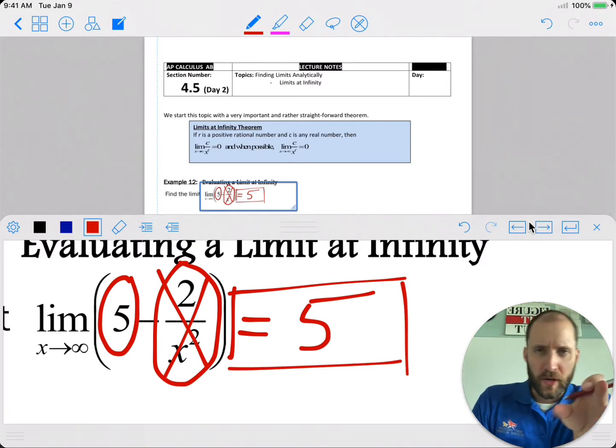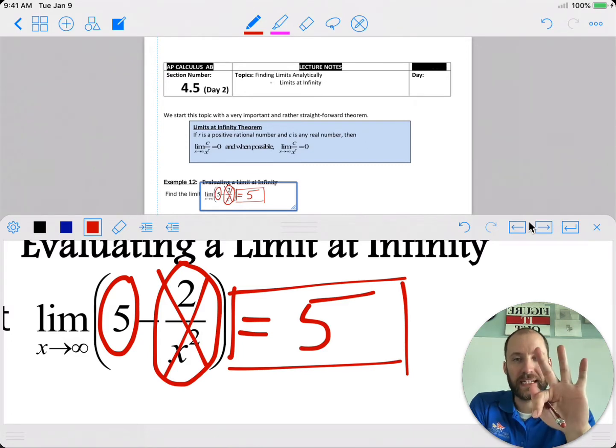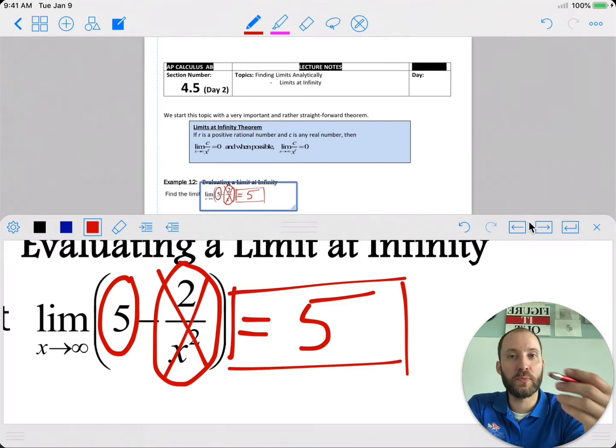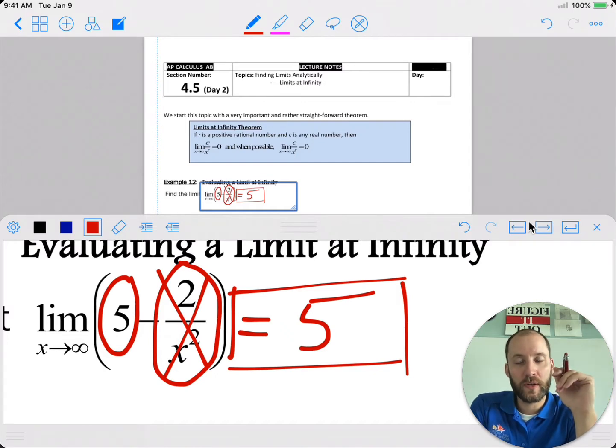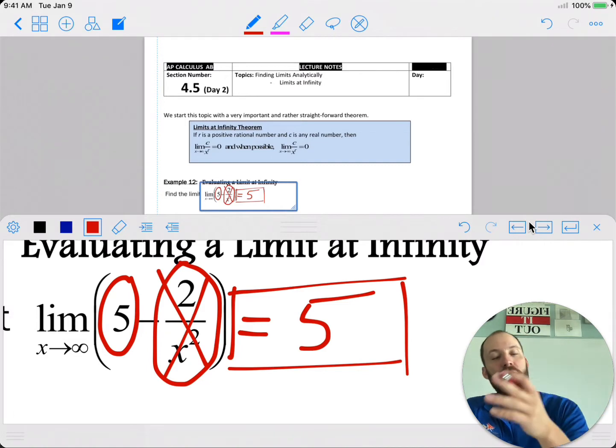If you remember, in algebra and pre-calculus, you looked at horizontal asymptotes. There were 3 cases. You would compare the degree of the numerator to the degree of the denominator. If the numerator was bigger, there was no horizontal asymptote. If the degrees were equal, the horizontal asymptote was the ratio of the leading coefficients.